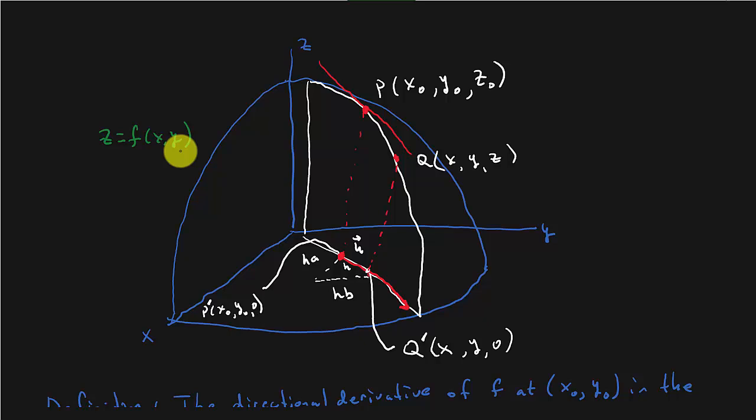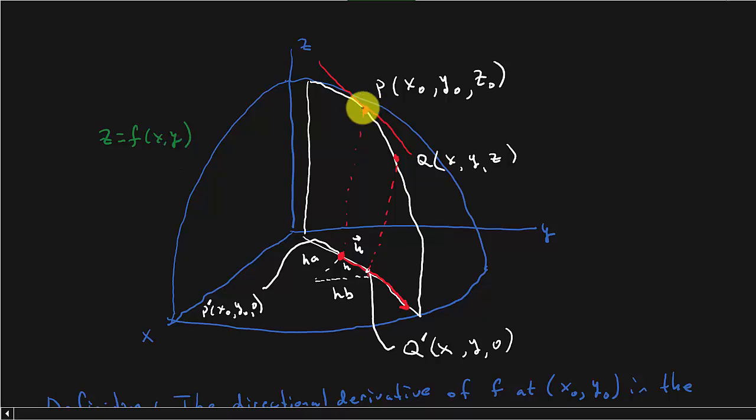The point P, x naught, y naught, z naught, lies on the surface S.